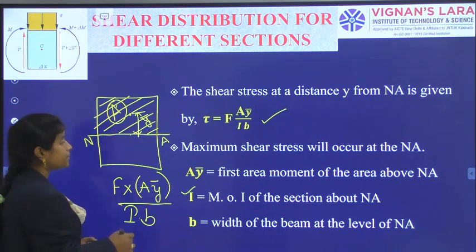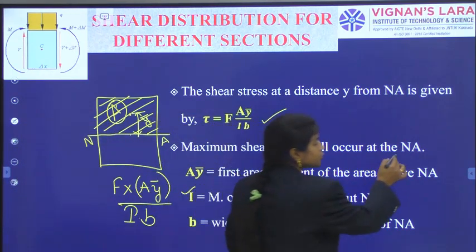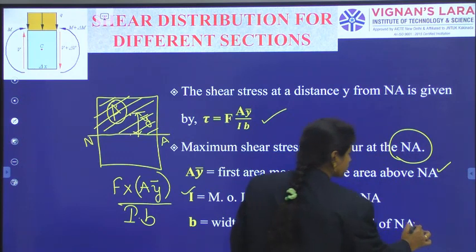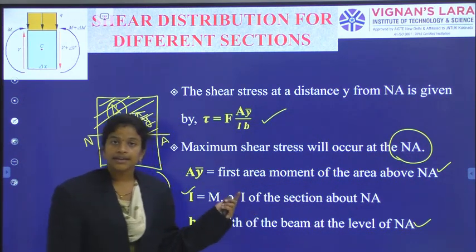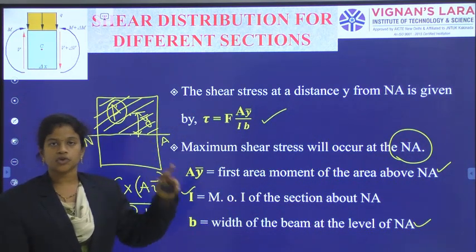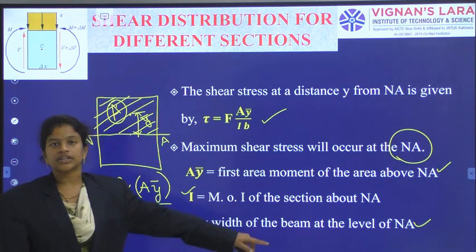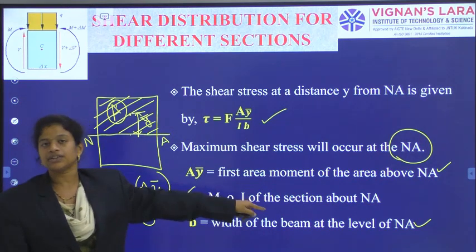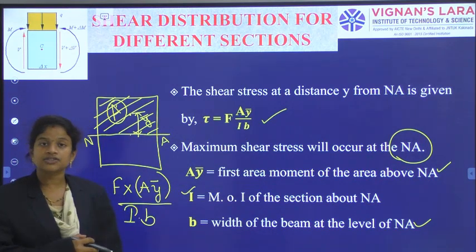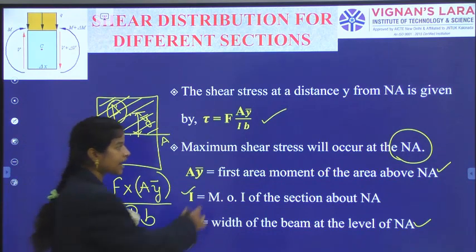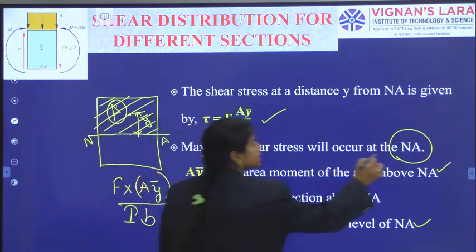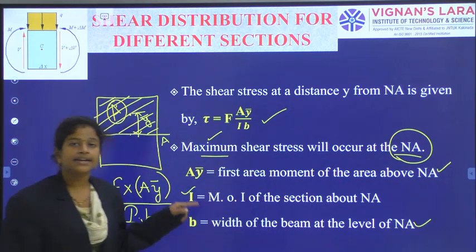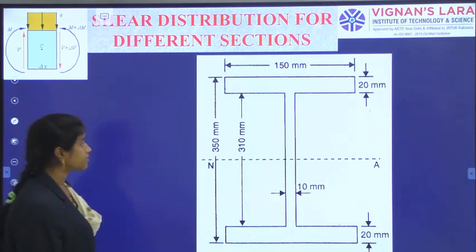Because I am calculating at the neutral axis, every time I should use the reference: area moment for the neutral axis above portion, width of the beam at the neutral axis. They are asking us to calculate the maximum shear stress, and the maximum shear stress occurs at the neutral axis, so I am calculating shear stress at the neutral axis.